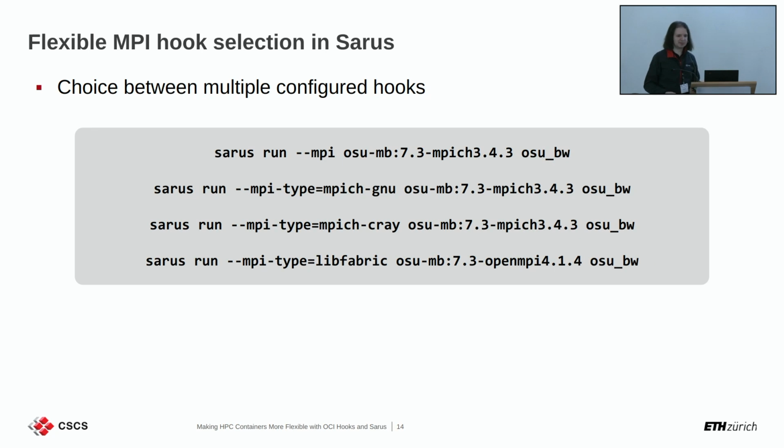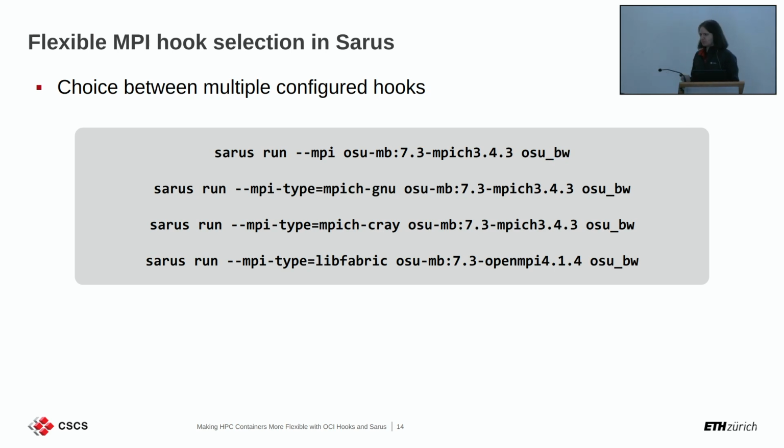For example, I might want to slot into the container an MPICH compiled with a GNU compiler, or an MPICH compiled with a Cray compiler, or maybe completely change approach and use a libfabric-based approach. And of course, the --mpi option selects the hook that has been identified as the default one.